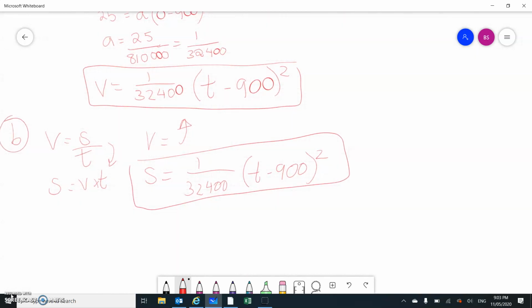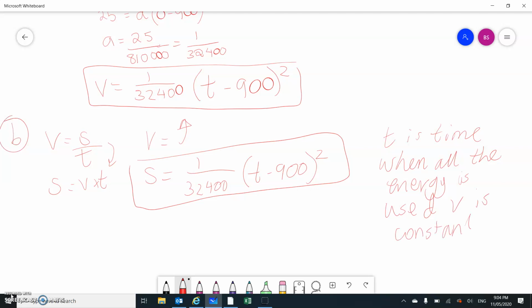What all that means is that t is time. We know that. And when all the energy is used, you don't need to write this down, I'm just writing it so you can see, v is actually constant. The velocity doesn't change.